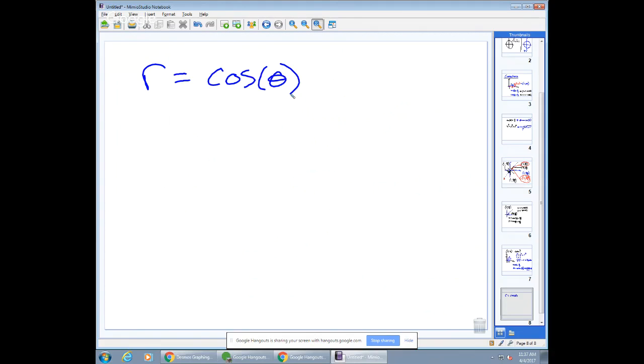A weird thing about polar coordinates is when we state points, we state r first, and then we state theta. But r here is the dependent variable. Rectangular is the other way around, right? X is independent, y is dependent. Here, r is dependent and theta is independent.